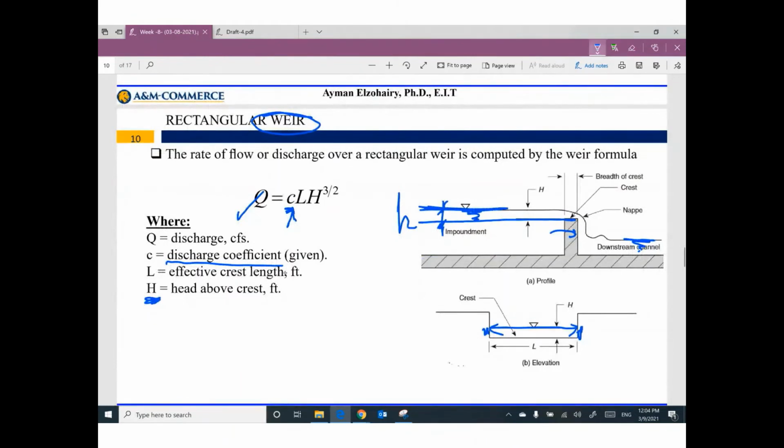So the value of H is the height of water between the top surface of the weir and the water surface in the upstream. This one is called upstream. This is called downstream. The water is flowing in this direction. So we have the discharge coefficient C, length L, which is the width of the weir, and the H value, so Q equals C L H to power 3 divided by 2.